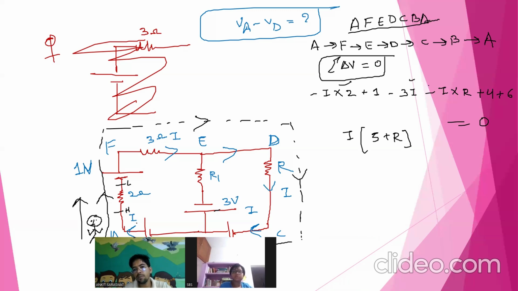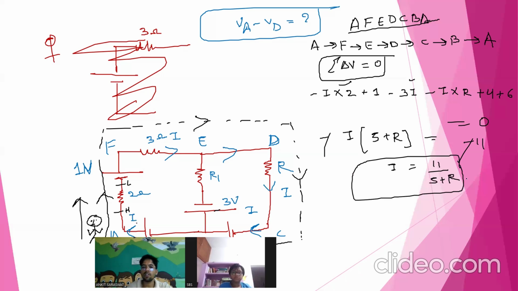Minus 2I minus 3 minus 5I. It is minus I (5 plus R) equal to 6 or 4, 10, or 11. So the answer is I will be 11 by 5 plus R. This is what we are getting. Clear? Value in terms of R.